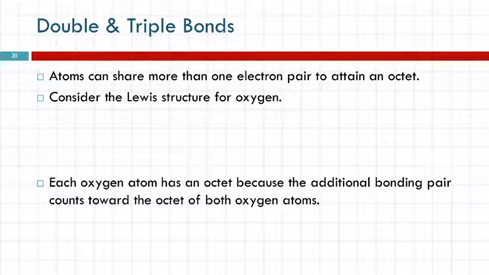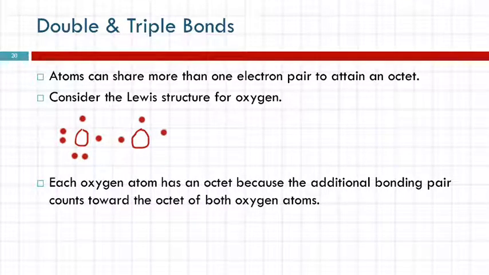We can have atoms sharing more than 1 pair of electrons. So let's look at oxygen, another of those diatomic elements. So here's oxygen. Oxygen has 6 valence electrons. I draw the dots so that they're convenient for what I'm going to do with them. So neither oxygen atom is happy, right?